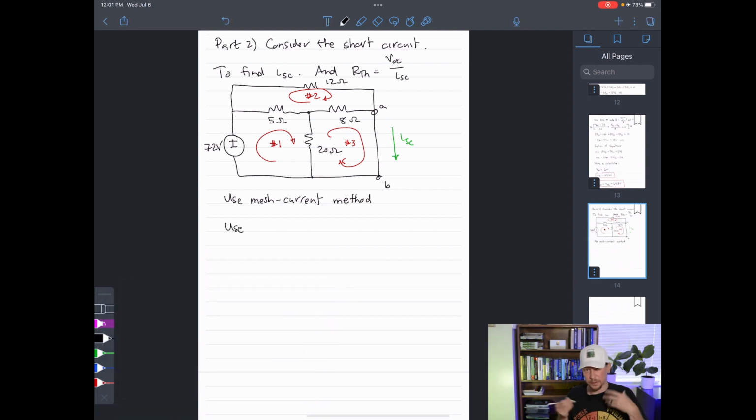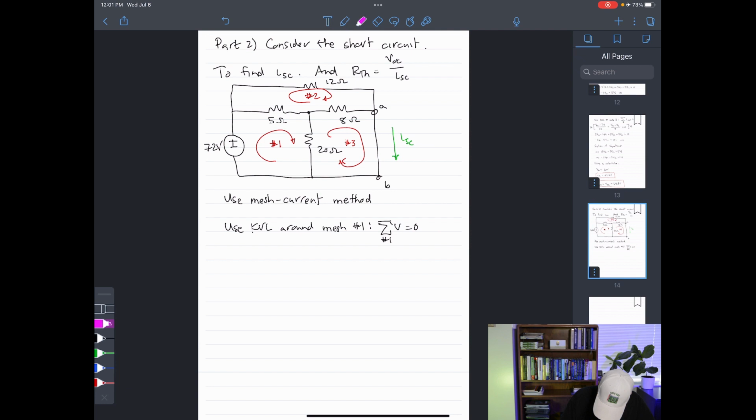So I'm following the same direction in my loop. As I go from that node up through the 72 volt source, I hit the minus sign first, so into KVL goes minus 72 volts.